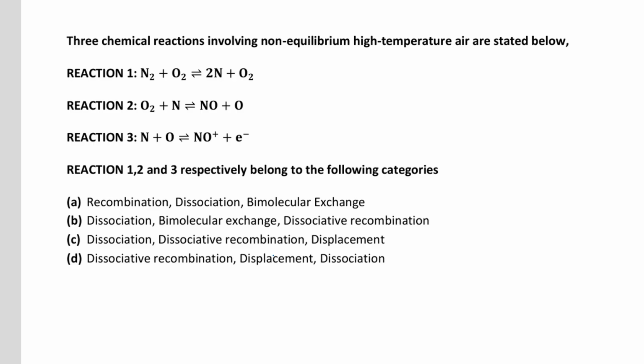So let's check reaction by reaction. First reaction is N2 plus O2 will give 2N plus O2. If you see this reaction, the main change is happening in N2. N2 is changing to 2N.